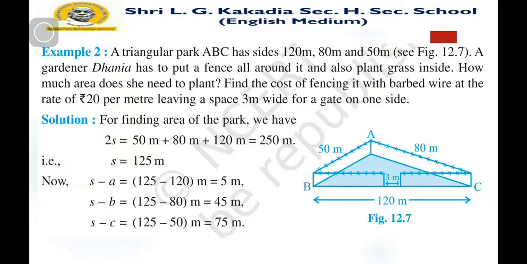Find the cost of fencing it with barbed wire at the rate of rupees 20 per meter, leaving a place 3 meter wide for a gate on one side.